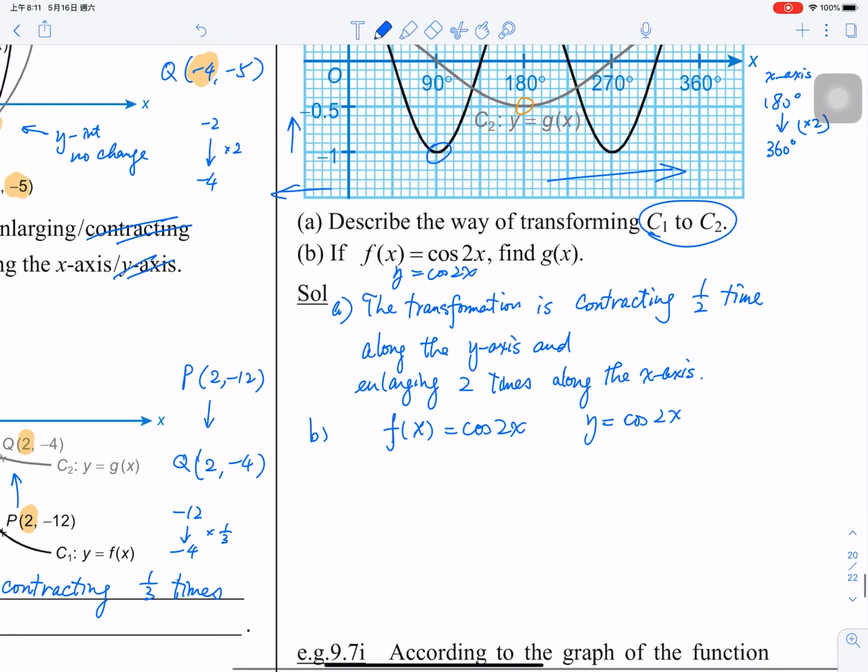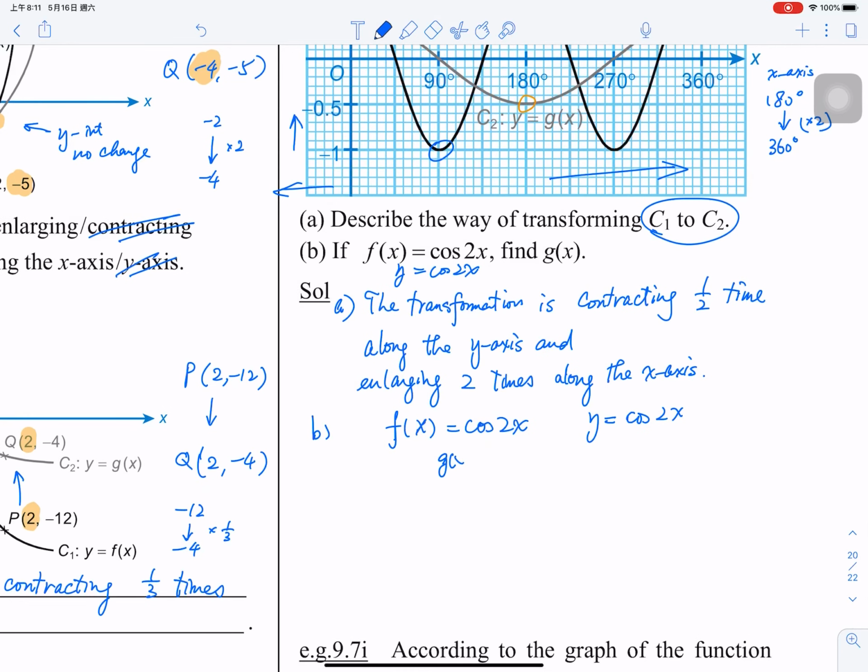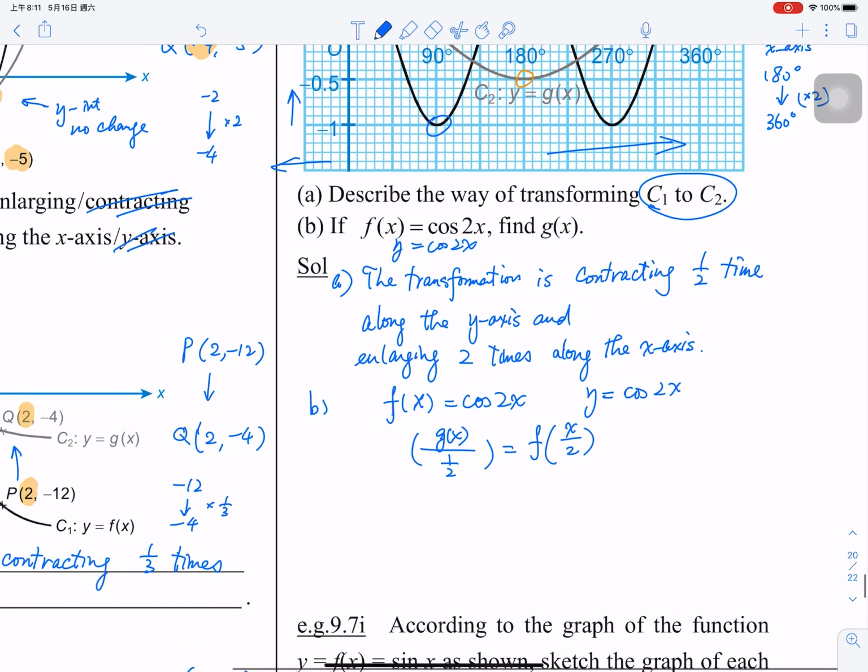And now the new function along the y-axis contracts 1 over 2 times, so you can say that g(x) is y times 1 over 2. And how about x? That means the function becomes x over 2, like this.